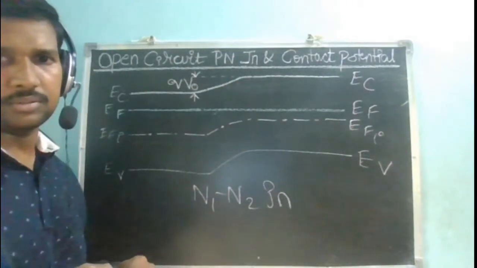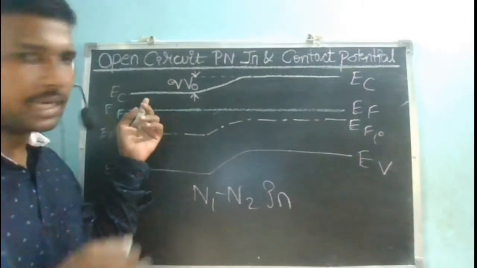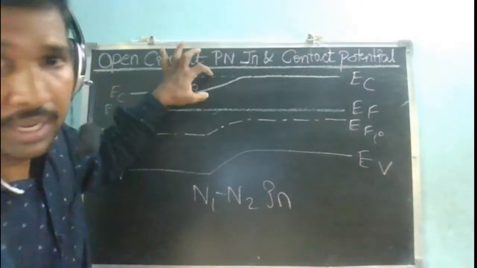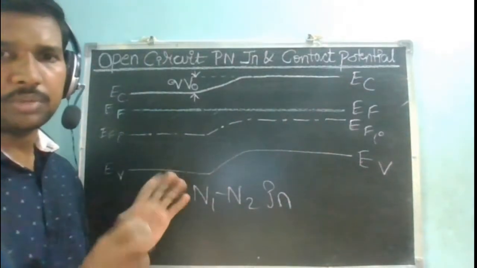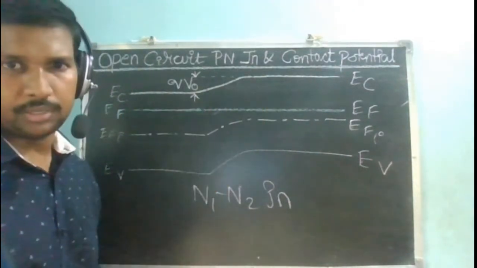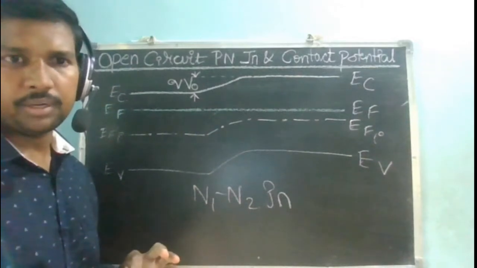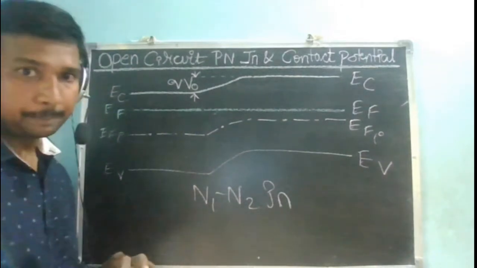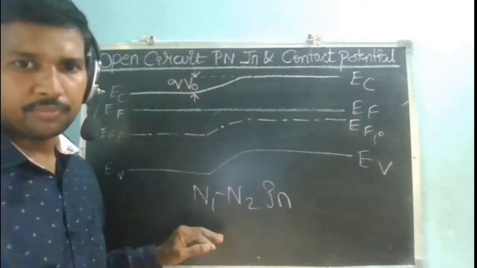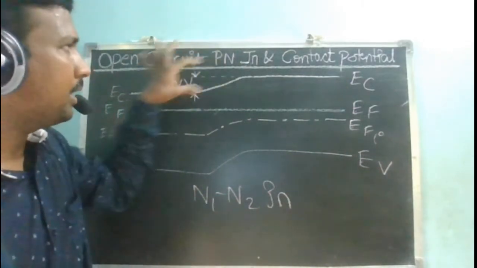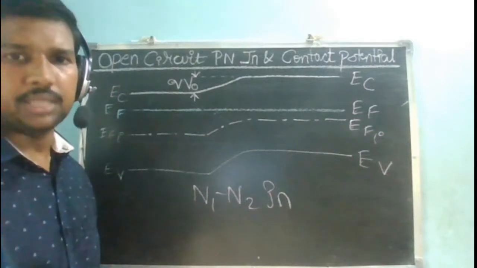Electrons on this side are stopped by this potential barrier from moving on to the other side. That is why there is no movement of electrons from this side to the other side. Got my point? Yes or no? Yes, sir. So irrespective of which junction it is, normally a built-in potential is going to get generated.